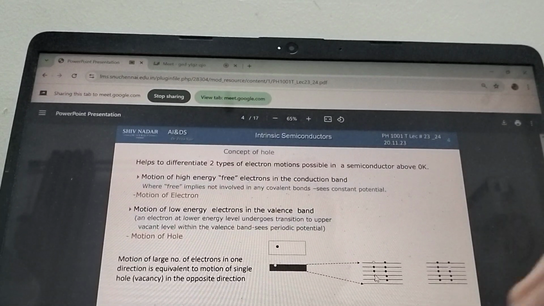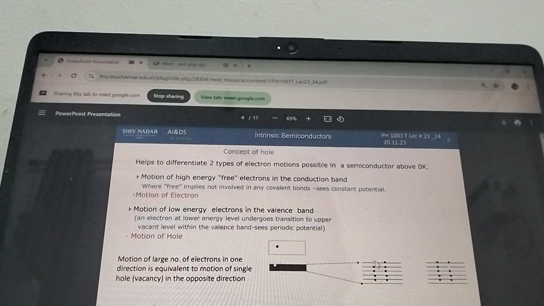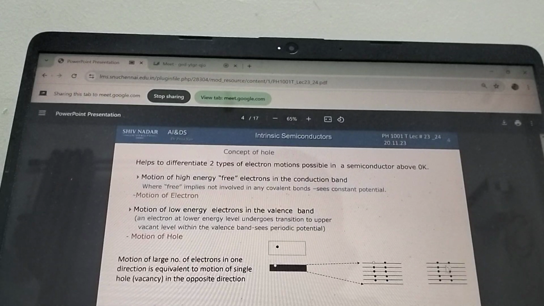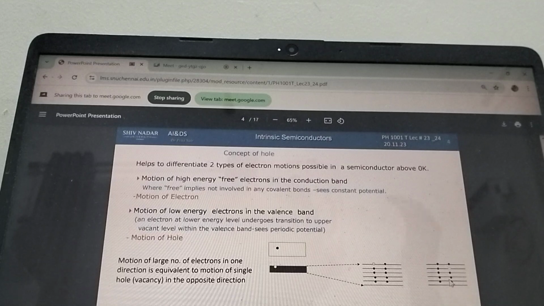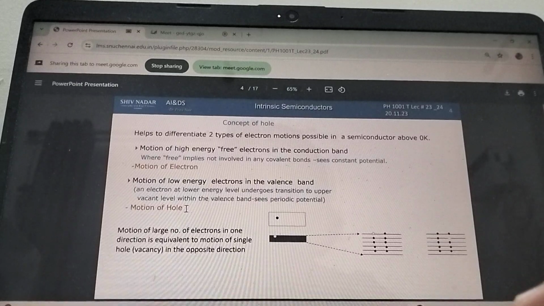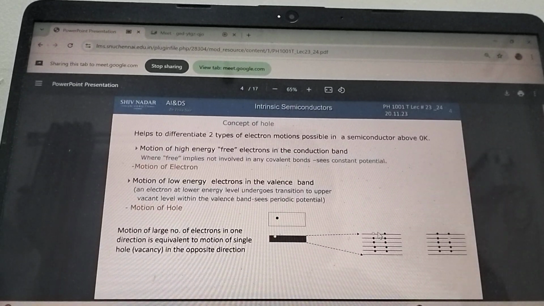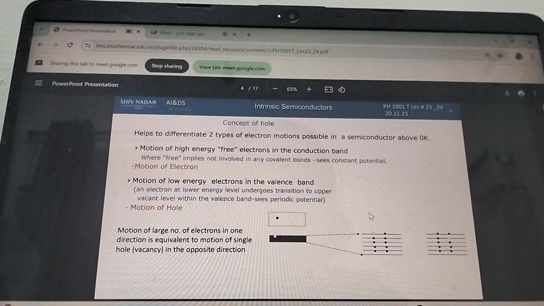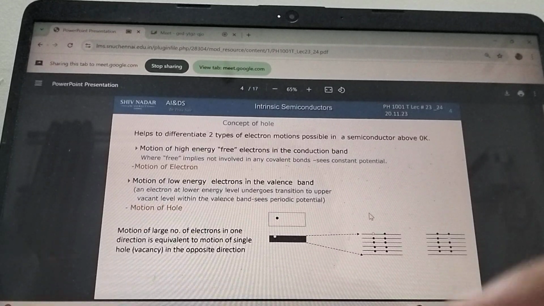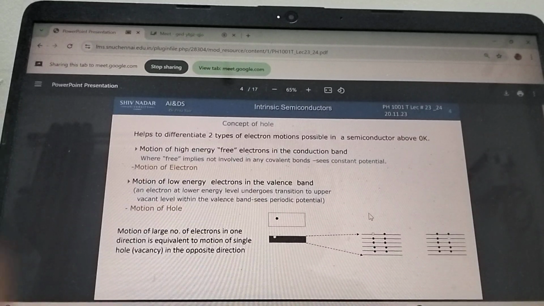So notice that there is still a vacancy, but the vacancy has technically shifted its position, although the hole as such did not move. It was still electrons moving, but the hole is now at a different location. So we call this the motion of the hole firstly, and secondly, in this case the electrons are moving within the valence band from one orbit to another. So that's the difference between the motion of an electron and the motion of a hole.